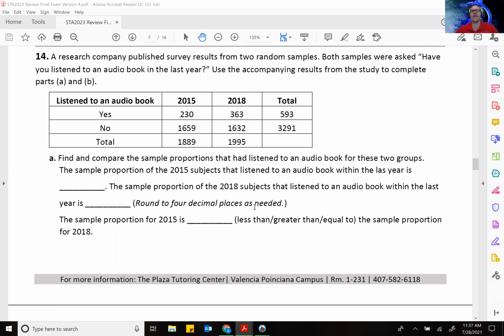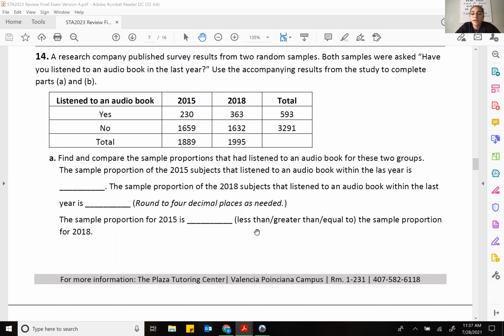So are we given a decimal or a percentage? Decimal. Yes, you're given the decimal. I know it's not a percentage because there's also no percentage symbol out here. So how do we find that first blank? What are we going to do? You divide the given yes for 2015 by the given total.